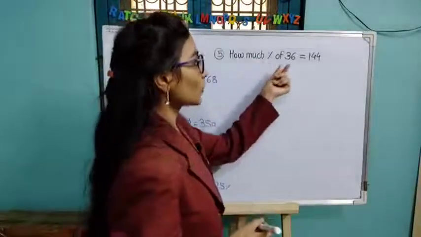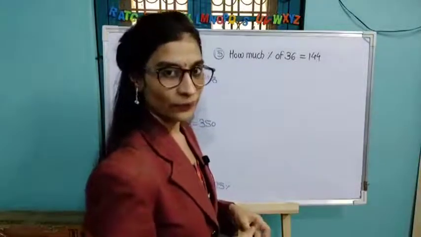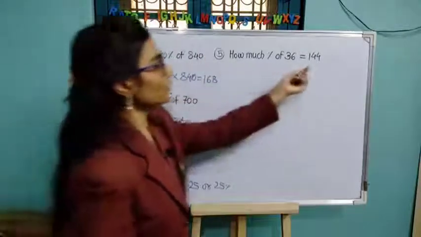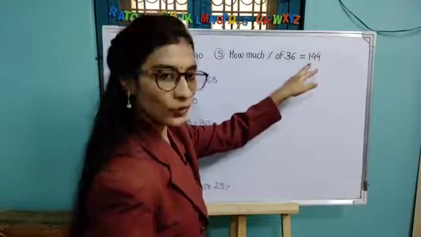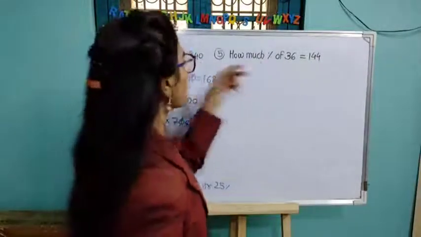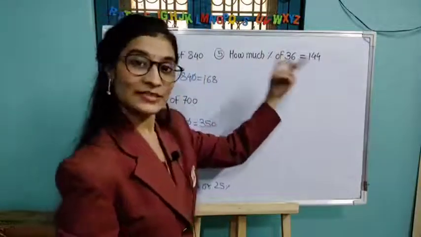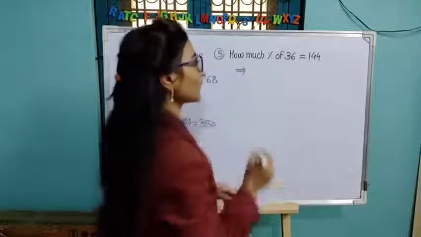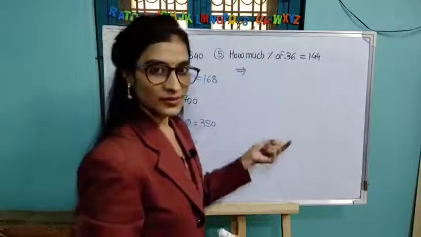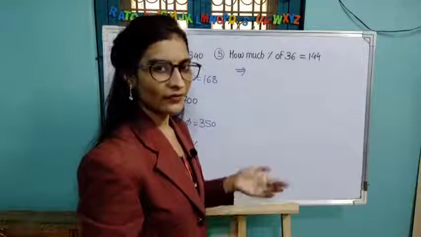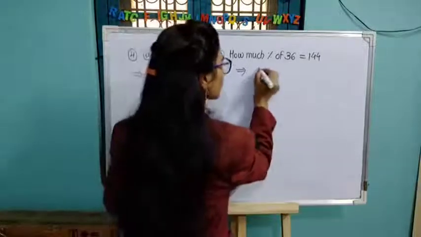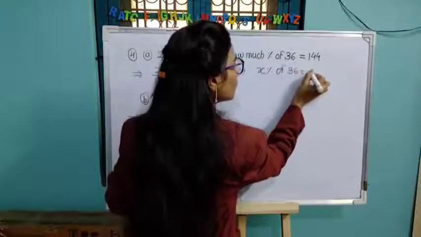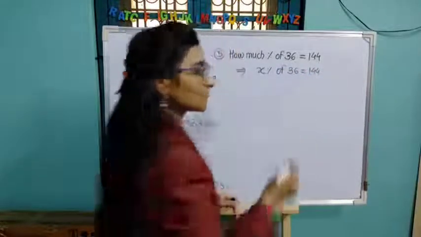How much percentage of 36 is equal to 144? So here you have to find the percentage. Here you have to find this quantity, but here the resultant quantity is given. You have to find how much percentage of 36 is equal to 144. Now what do we have to do to solve such type of example? Consider this percentage any number or any variable. Okay, suppose x percentage. X percentage of 36 is equal to 144. Here x is a variable.